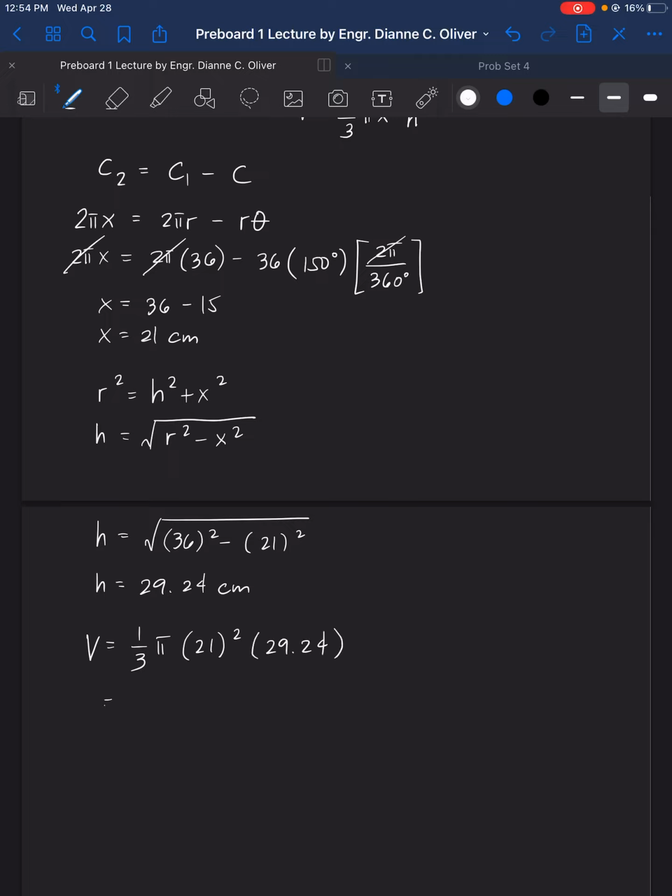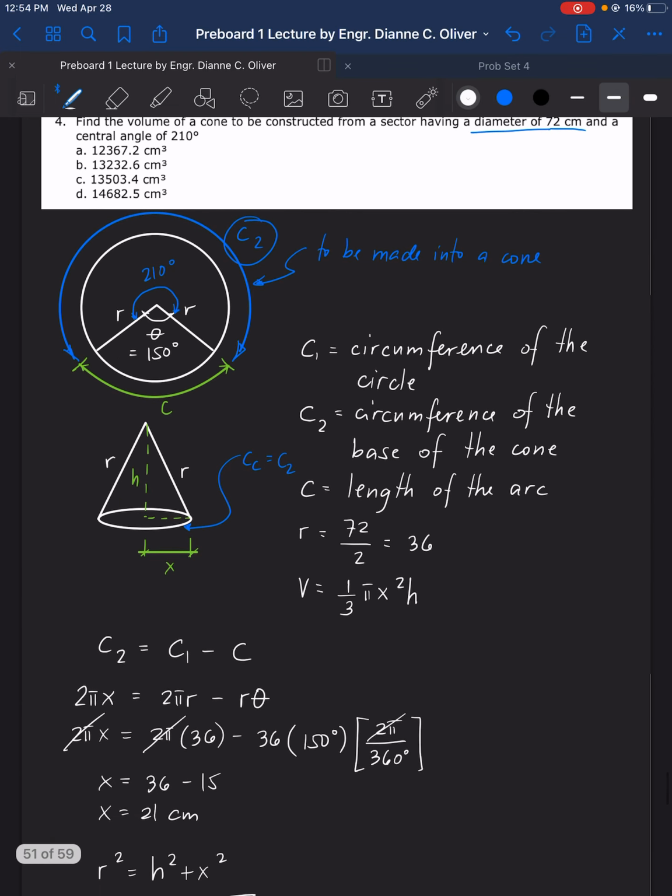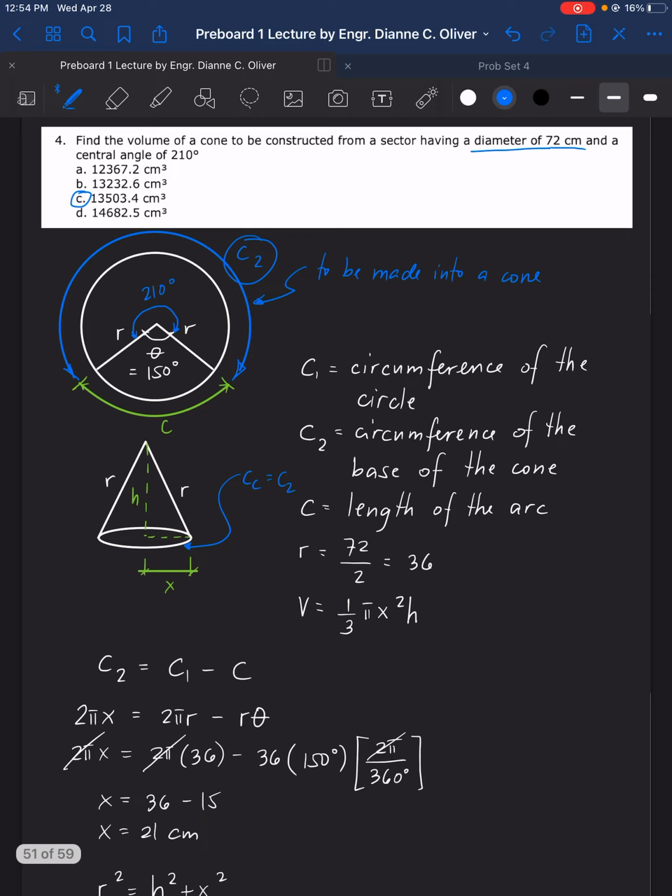So volume now is equal to 13,503.44 cubic centimeters. So 13,503.4, that is letter C. The answer for number 4 is letter C. Okay, so that's for number 4.